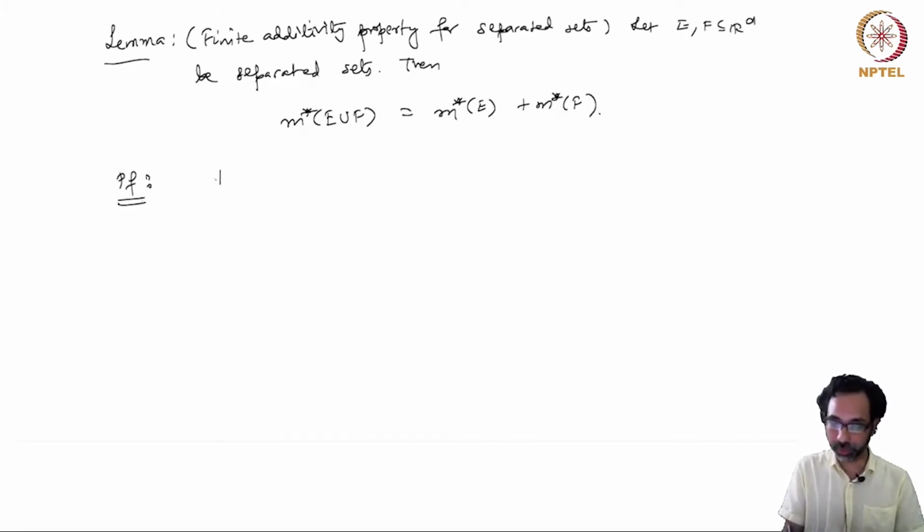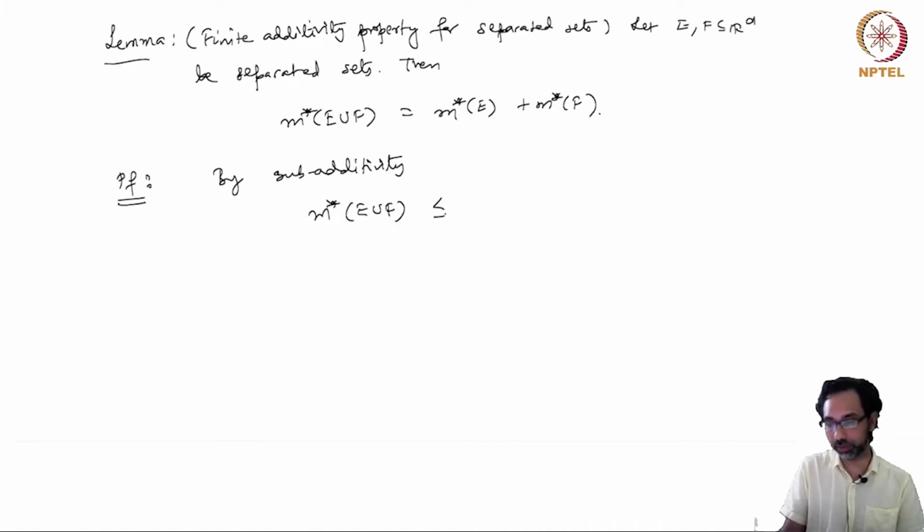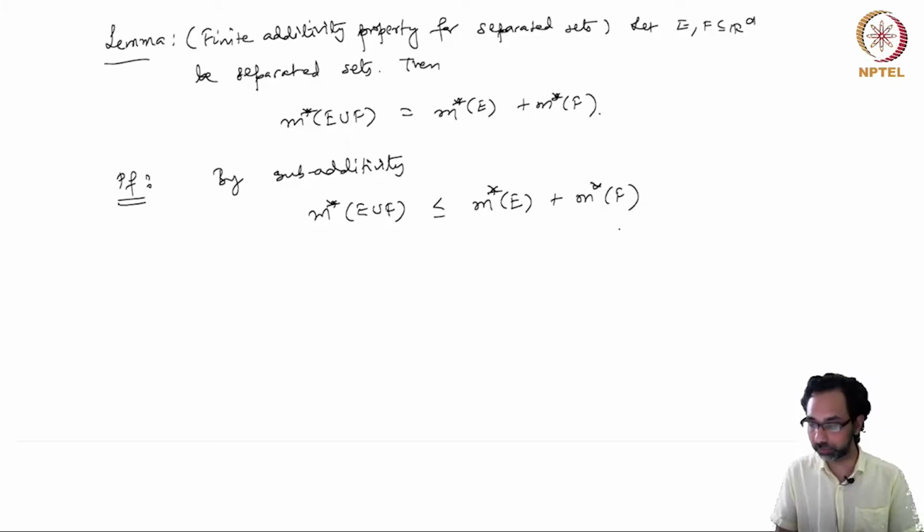By subadditivity, we have that the outer measure of the union is bounded above by the sum of the Lebesgue outer measures of E and F.